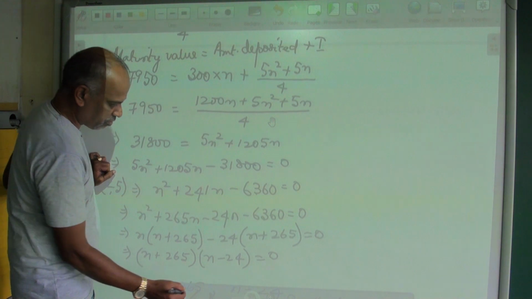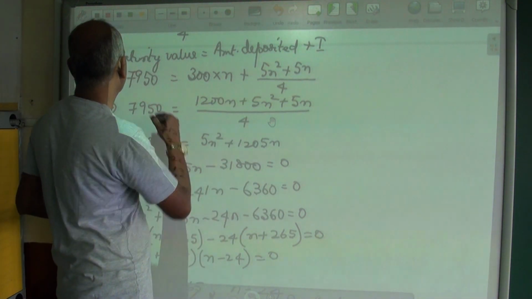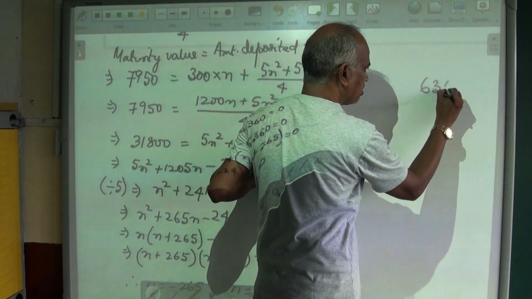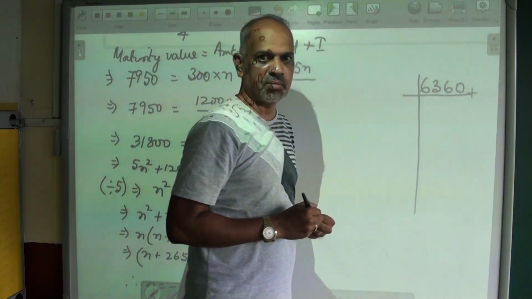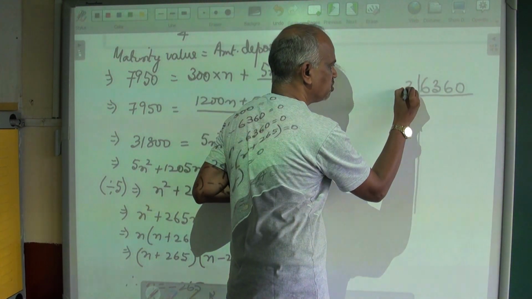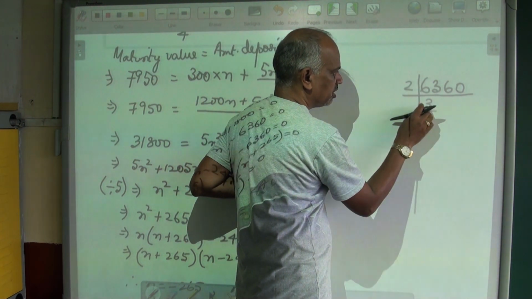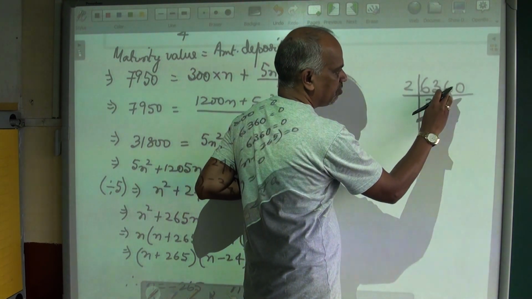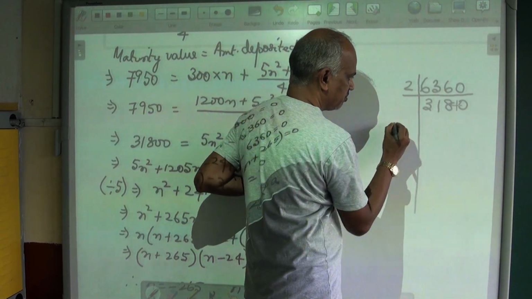So what we will do is start dividing this 6360 stepwise. 6360 has to be divided by the smallest prime number. The smallest prime number that can divide this is 2. If you divide this by 2, this will go 3 times. Divide 3 by 2, that's once. Remainder 1, this becomes 16, that's 8 times and 0.